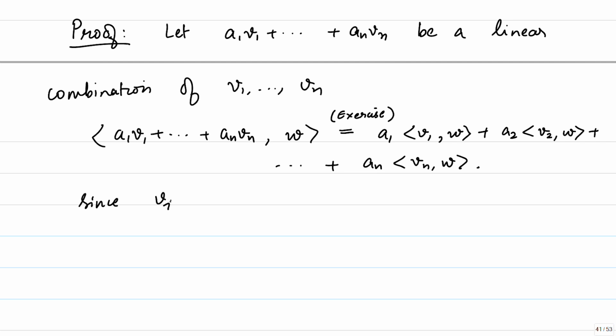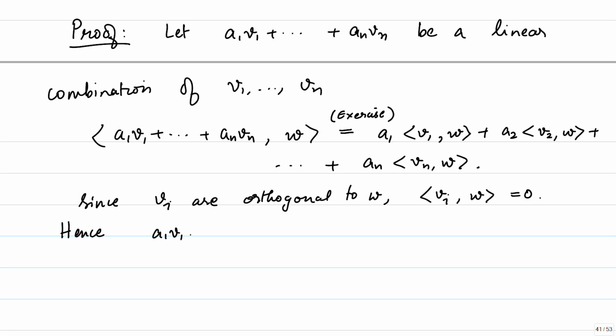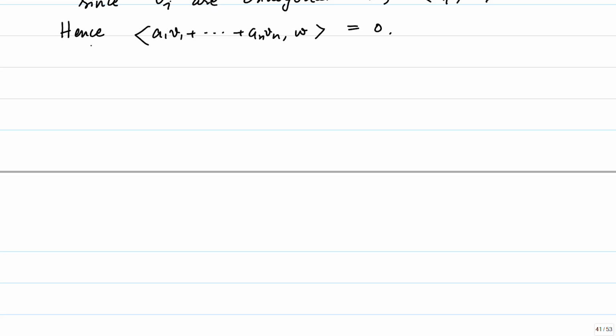Since vi is orthogonal to w, the inner product of vi with w is equal to 0, and hence a1 v1 plus an vn inner product with w will just turn out to be the 0 scalar. Hence, by definition, a1 v1 plus up to an vn is orthogonal to w.